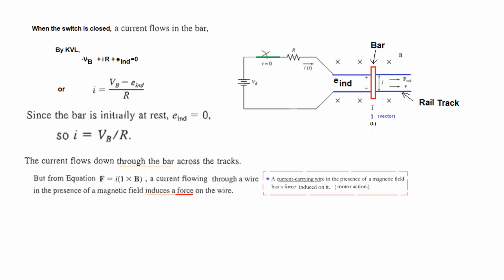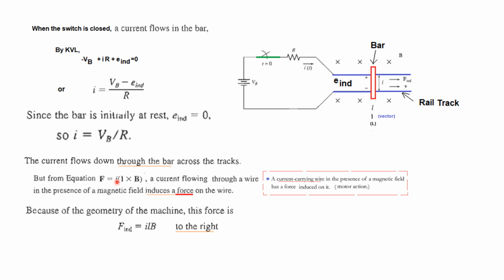Okay, that means a current flowing through a wire in the presence of a magnetic field will induce a force. We know this from the motor action, that a current carrying wire in the presence of a magnetic field has a force induced. So there will be a force induced in the wire. Because of the geometry of this machine, the force induced will be equal to ILB.